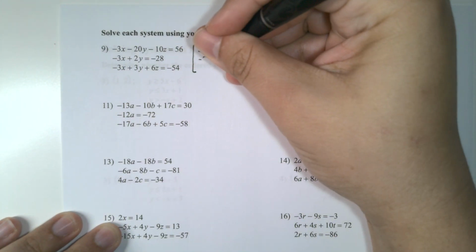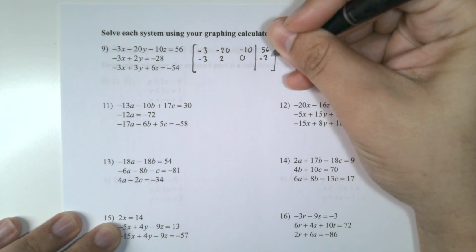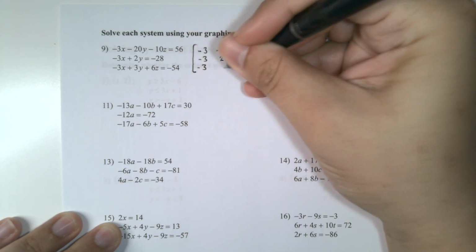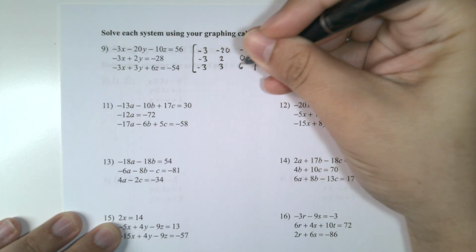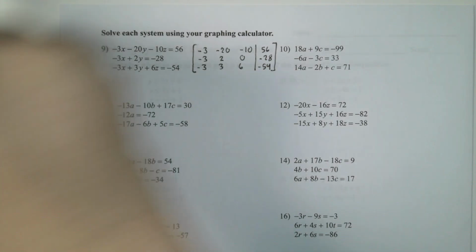Then we have -3, 2, no z's, -28. And then we have -3, 3, 6, and -54.